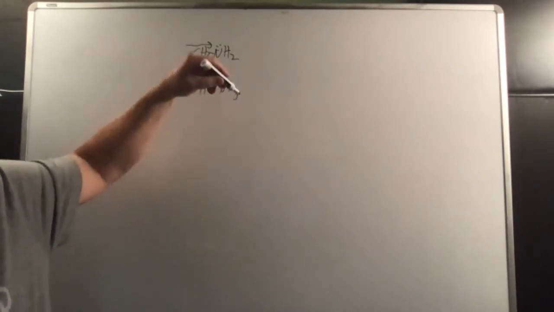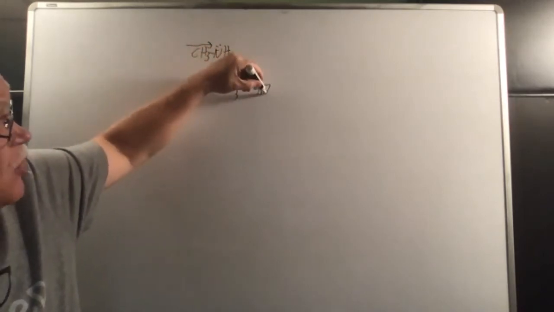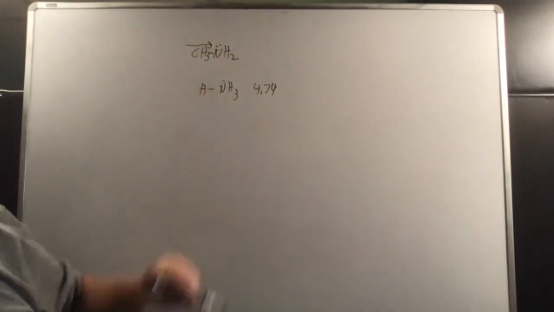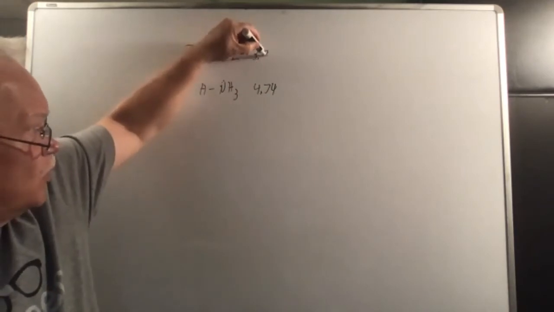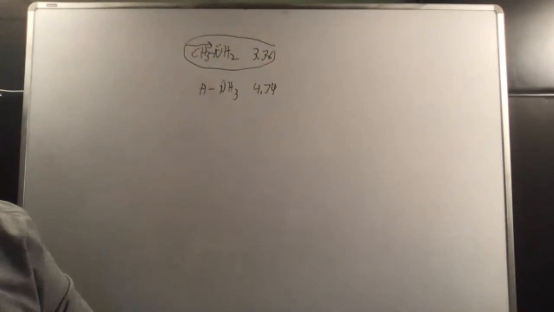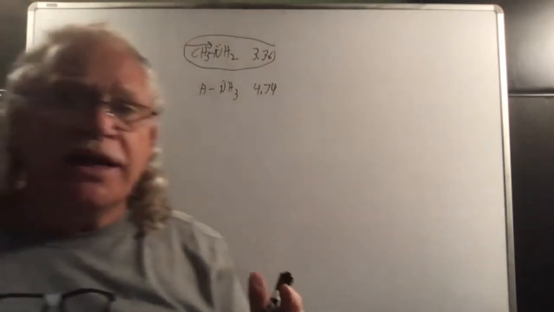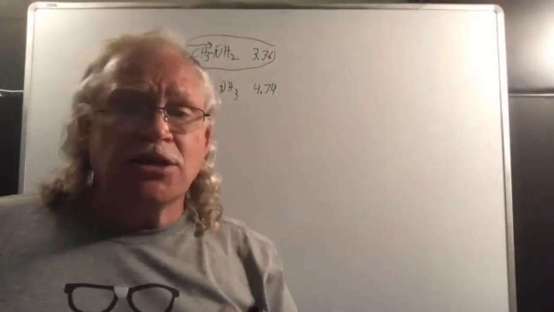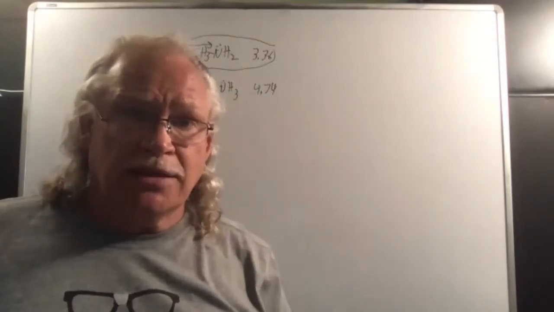So if I look at these, have a pKa in your notes of 4.74 and 3.36. Notice that the ability of that methyl group to donate electron density makes that base over 10 times stronger.